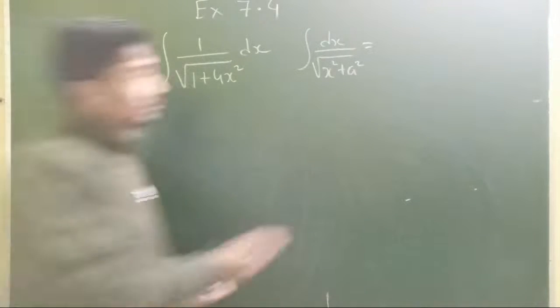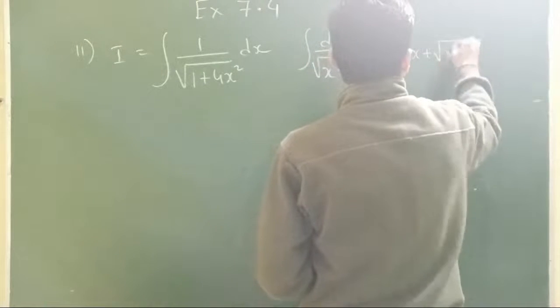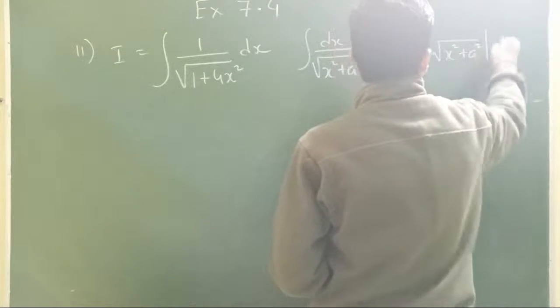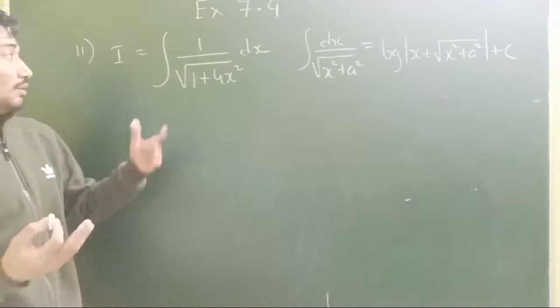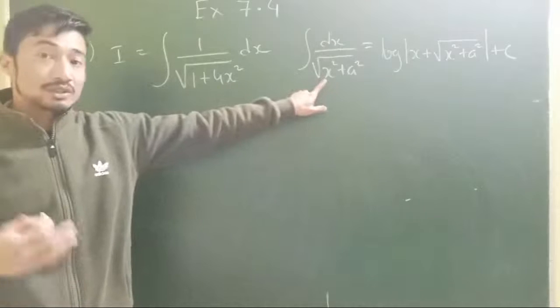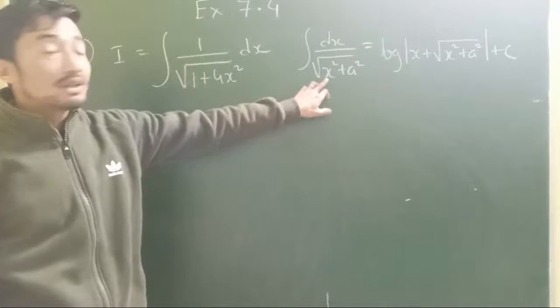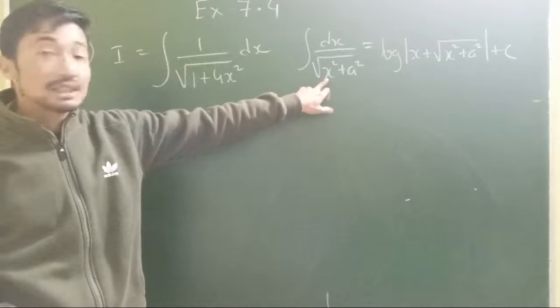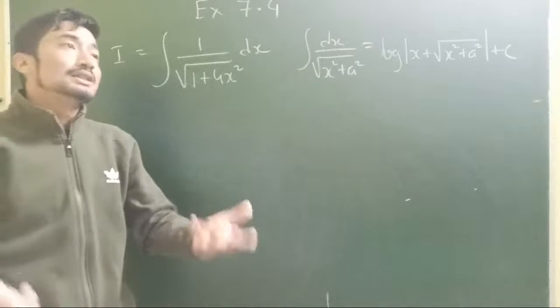It is log of x plus root over of x squared plus a squared plus c. Now, x is free of coefficients in that model, so we will prefer using that model.